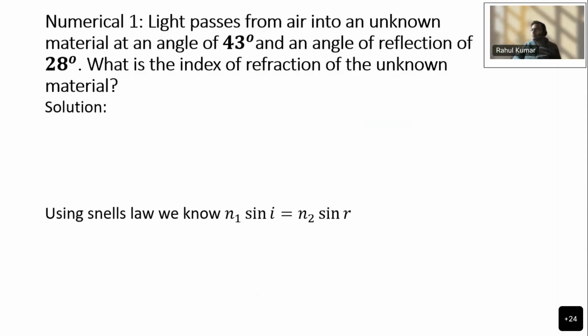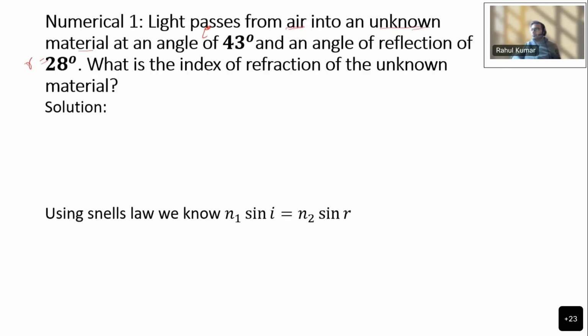So the first numerical, it says that light passes from air to an unknown medium at an angle. So angle of incidence, it is given as 43 degree, and the angle of reflection, it is given as 28 degree. R is given as 28 degree.